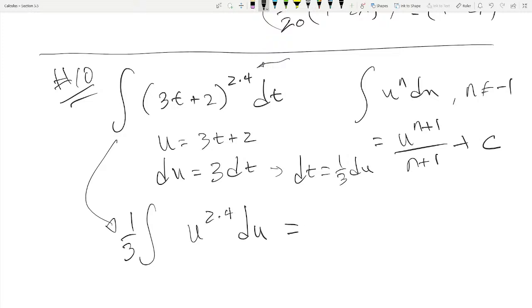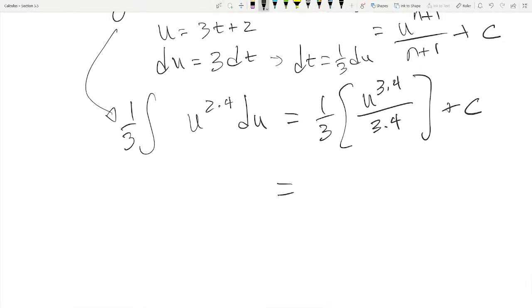All right, now this is not very comfortable because I have to add 1 to 2.4. I know that's 3.4, but then I have to divide by it. It's not very nice, but let's just do it. Okay, that's what the decoder ring says to do. It's going to be u^3.4 divided by 3.4, plus C.